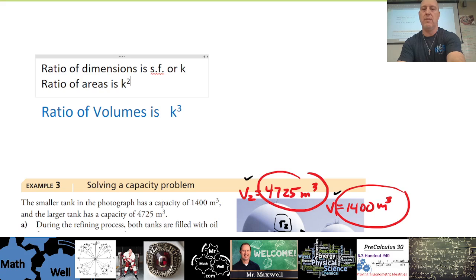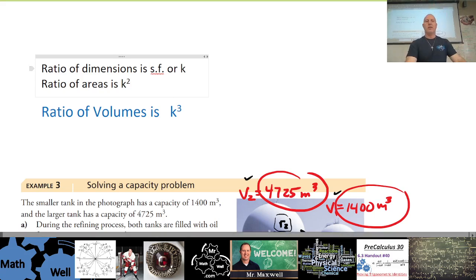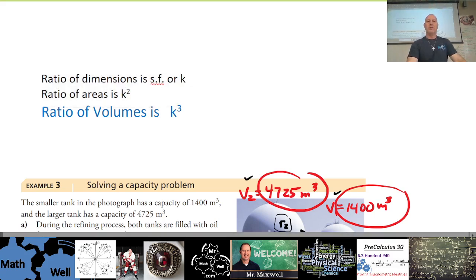And then the ratio of volumes is going to be k cubed. So single dimensions, dimension times dimension, which is dimension squared, and then dimension times dimension times dimension, if you think about just a simple cube, which is k times k times k. All right.